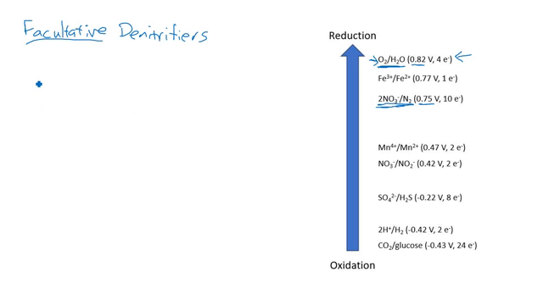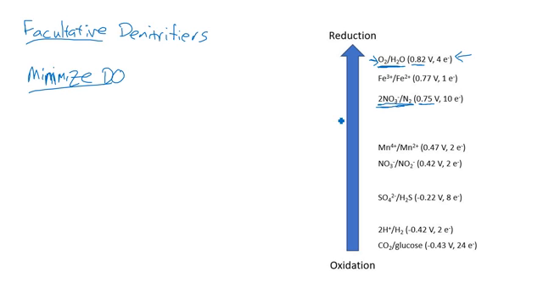So that means that when we're trying to do denitrification, we need to minimize our dissolved oxygen. Because otherwise, our denitrifiers are going to prefer to use the oxygen and they're not going to do that denitrification that we want them to do.